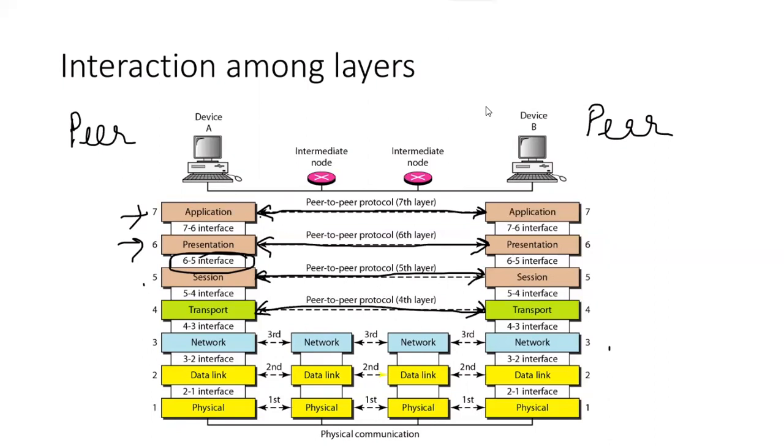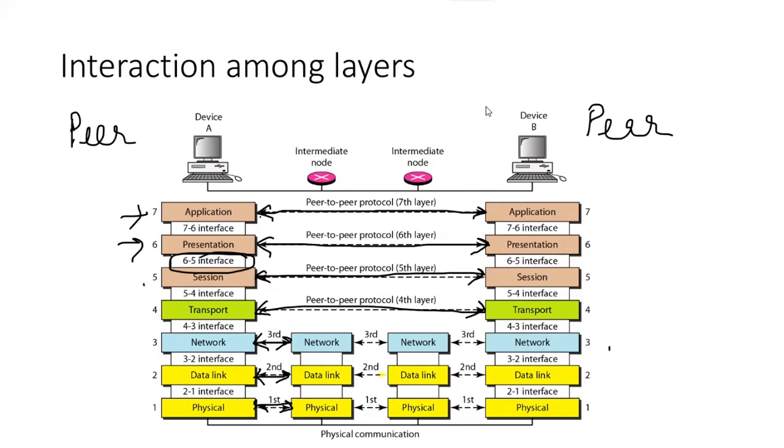But if you look at these, between A and the intermediate node first, the network layer of device A will communicate with the network layer not of device B, but with that of the intermediate node to which it is connected. Similarly for data link, and similarly for physical.